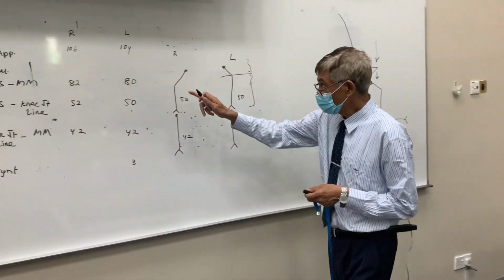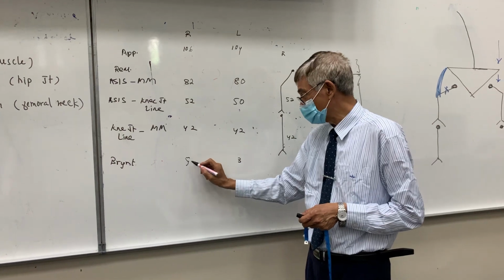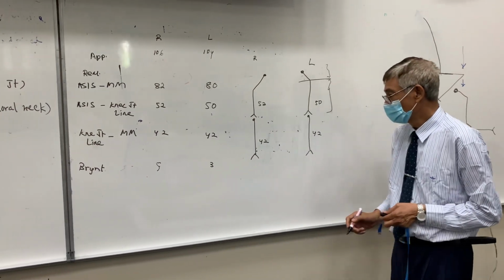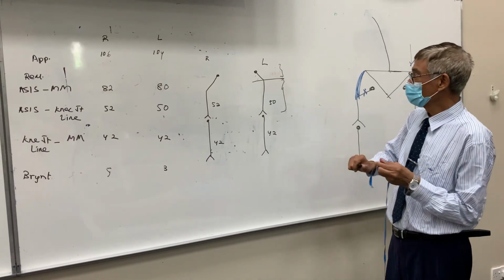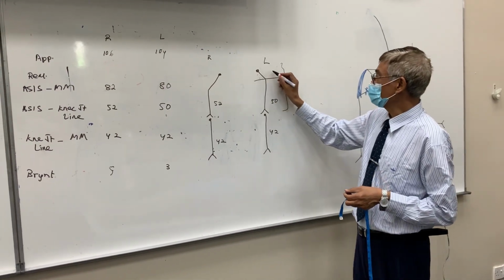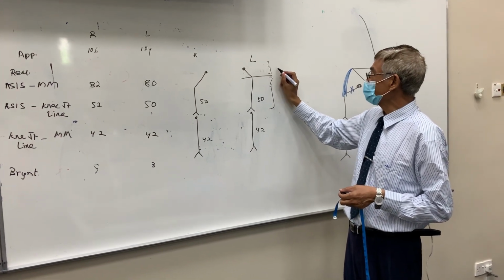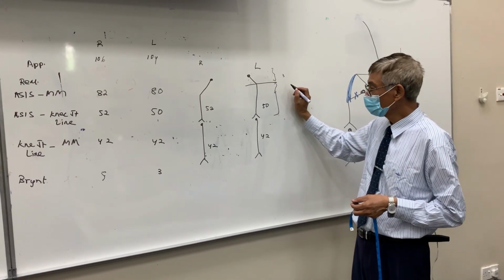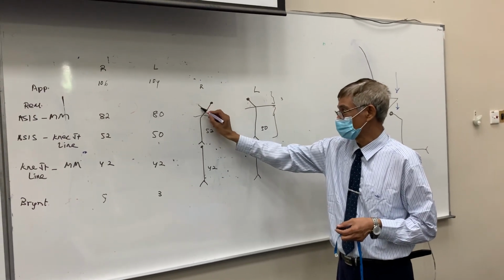On the right side, the normal side, it is for example 5 centimeters. So on the left side this part is 3, on the right side this part is 5.